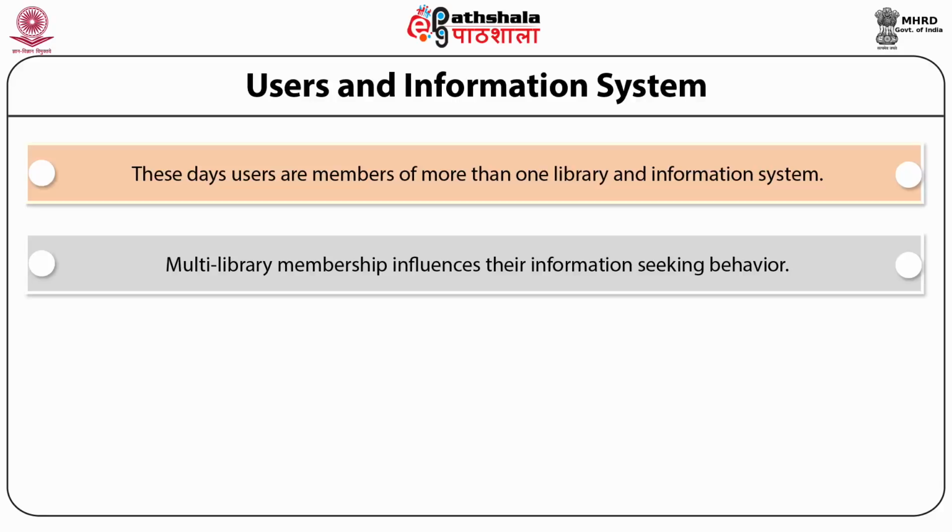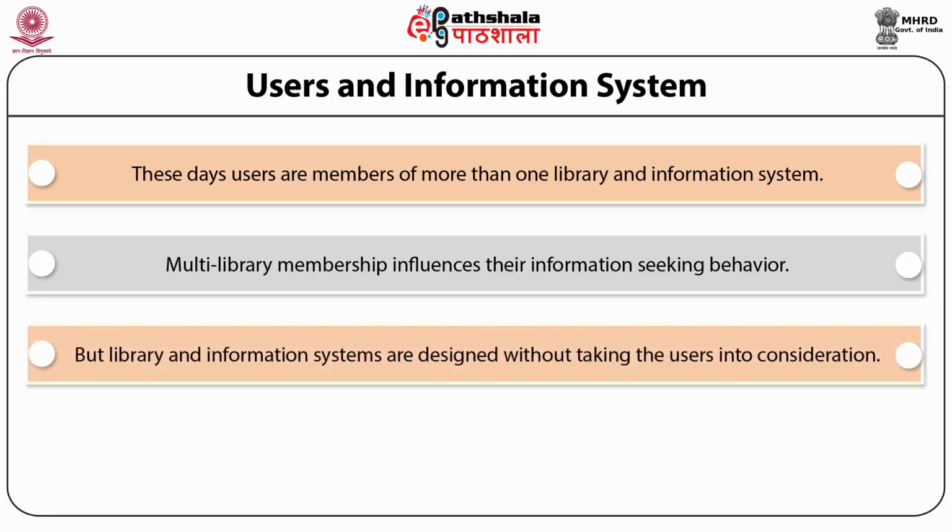They behave differently in their home library and differently in the other library of which they have obtained membership. That library may be distantly placed geographically. But library and information systems are designed without taking the users into consideration.